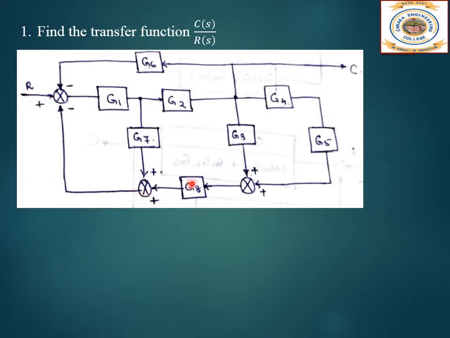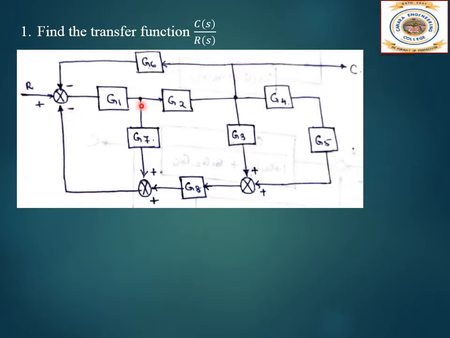See, whole of this will be solved and come over here, and this path will come, say G8. Then the arrow is going to the summation point, and from here this arrow goes to this particular summation point. Here it is negative, here it is positive. So the summation points will combine over here and we get a negative sign.